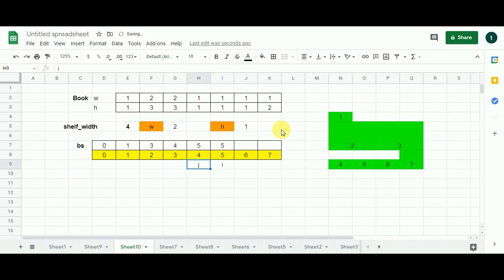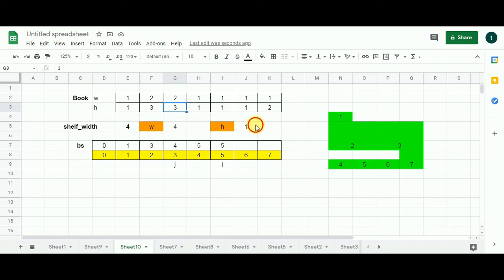Now J moves one cell to the left. So now I'm thinking of putting these 3 books together. Cool. So the running width is 2. I add 2 to this book represented by J. I update the width as 4. And this one, when compared to this height, is going to give me 3.